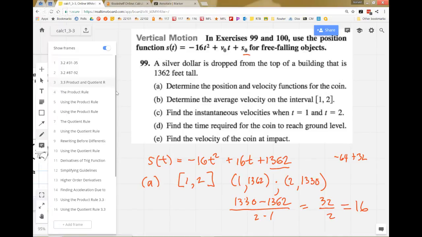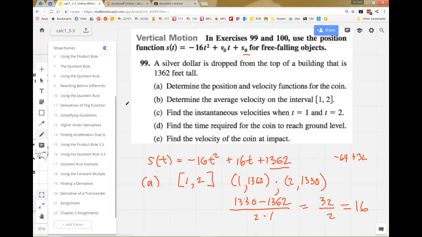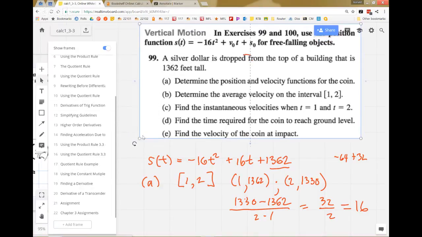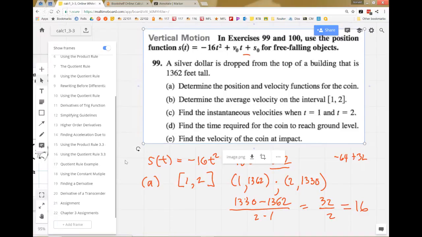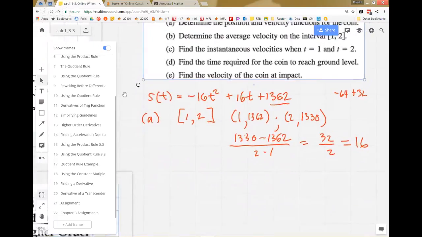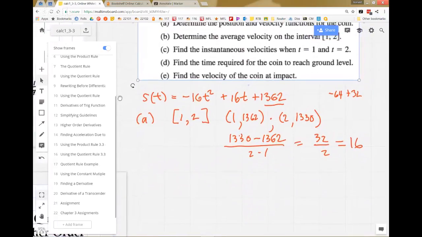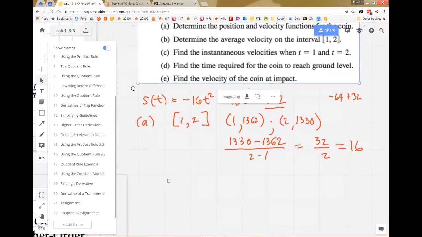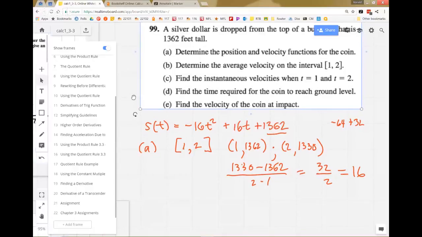Now let's go to the next part. Keep that high enough that I can see it. Oh, part A. I've got this a little mixed up.